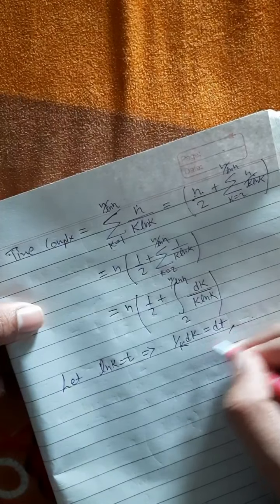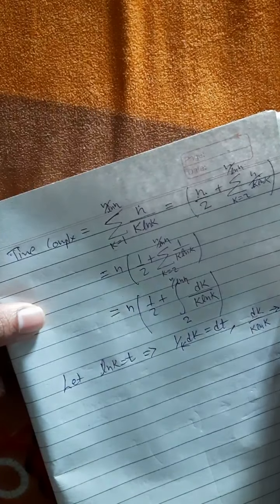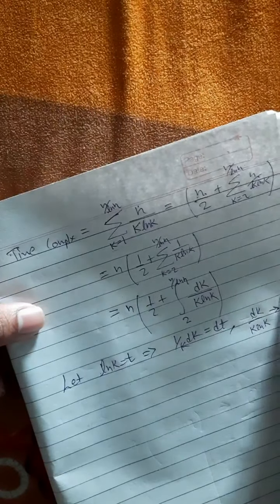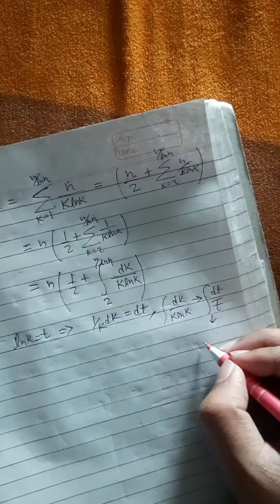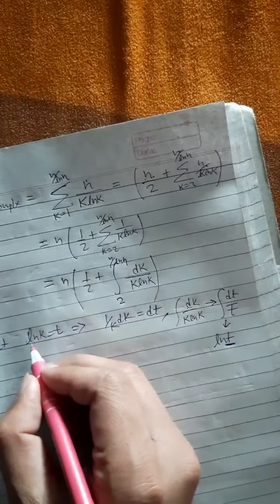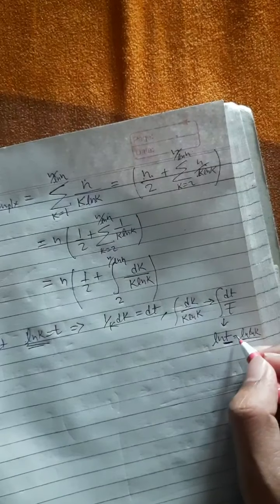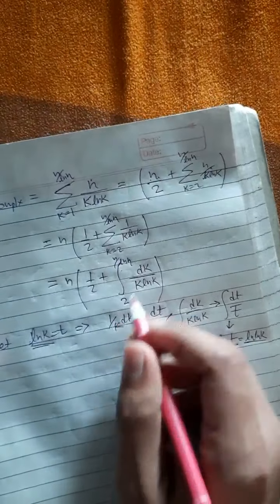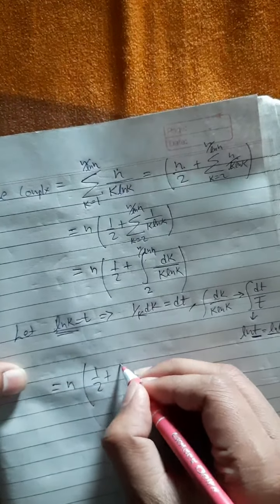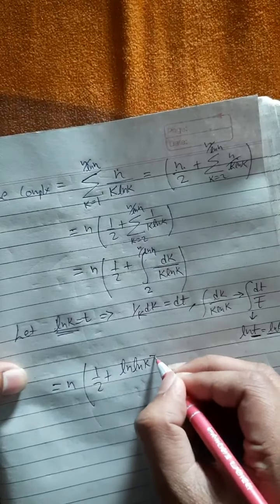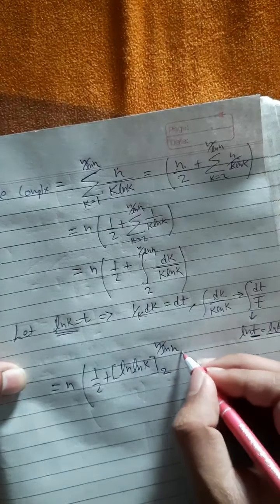So the expression dk by k ln k converts to dt over t, and we all know that integration of dt over t is nothing but ln t, and what is t? t is nothing but ln k. So the answer becomes ln ln k, and we will be putting the limit because it is a definite integration, not indefinite integration. So the expression becomes 1 by 2 plus ln ln k, where k will go from 2 to n by ln n.